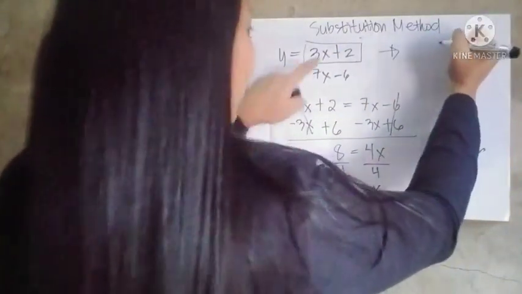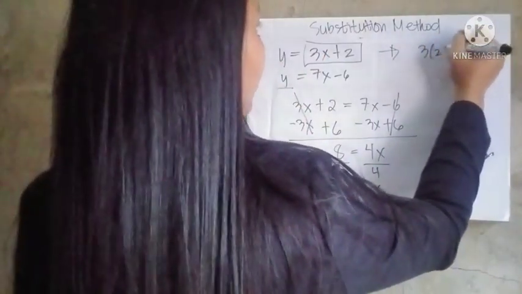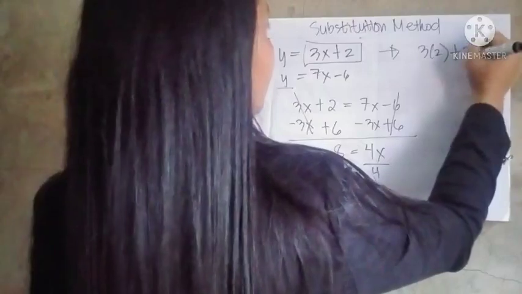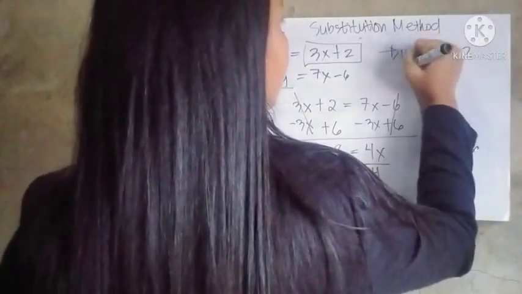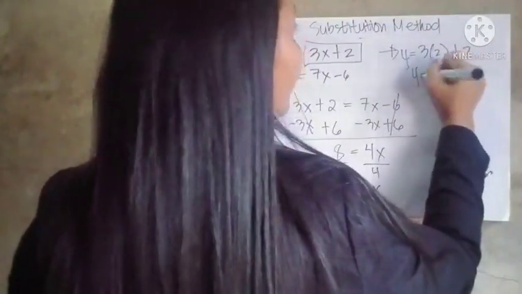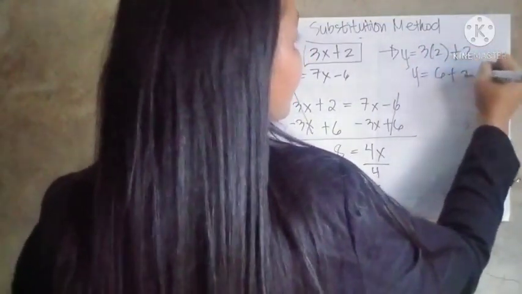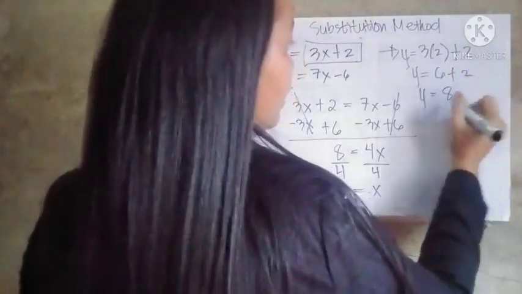So substitute x with 2. So 3 times 2 plus 2. So y is equal to 6 plus 2, and 6 plus 2 is equal to 8.